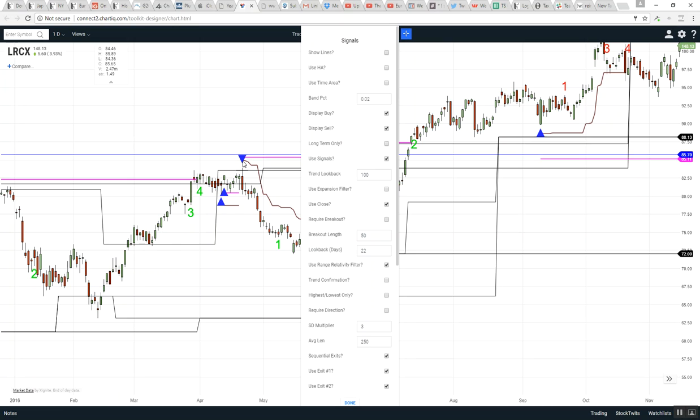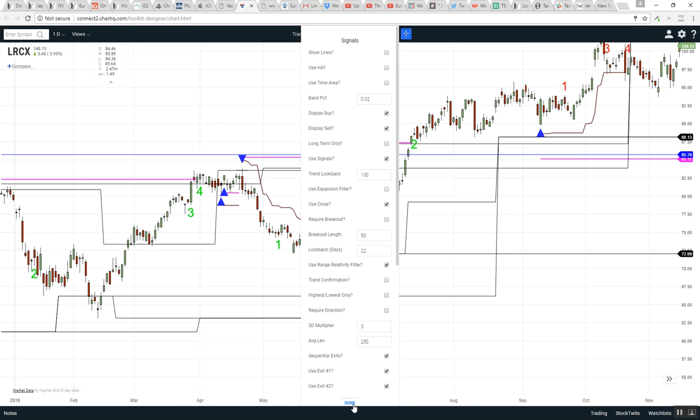It filters signals that occur at support and resistance, but it also filters them for overextension in a range relativity sense across time. I know all that's probably mumbo jumbo, but investigate turning this filter on and off, this one down here, because it reduces the number of signals that the system makes, and in my opinion, makes the signals more powerful.